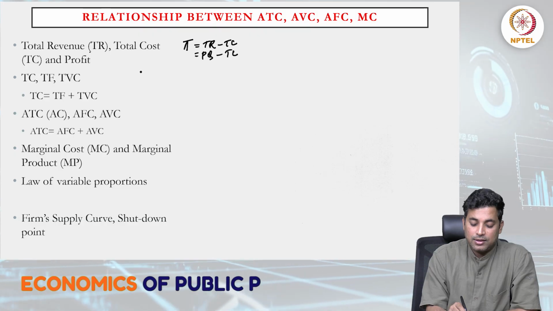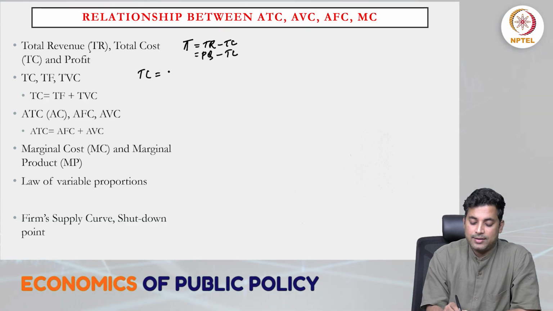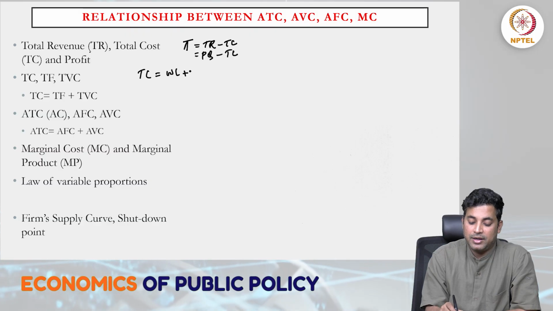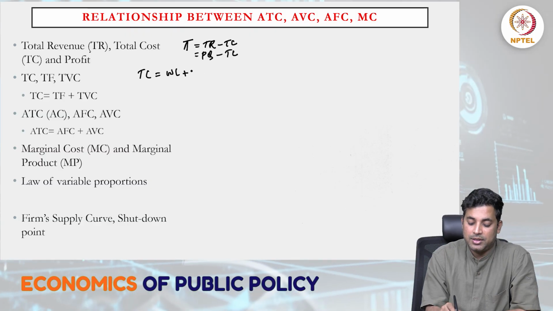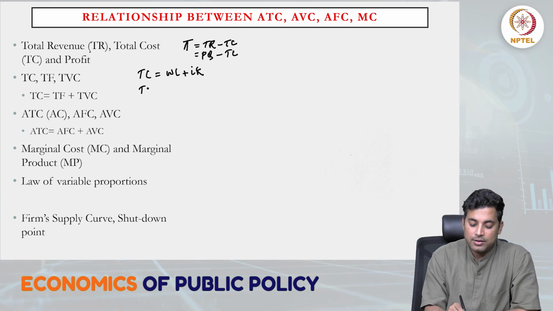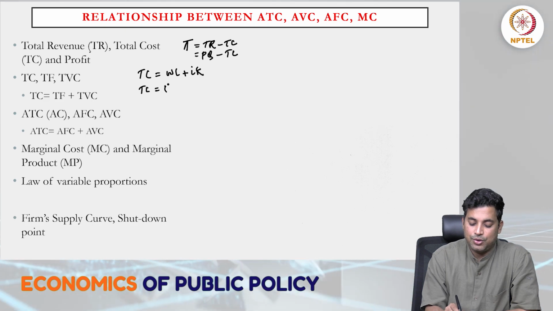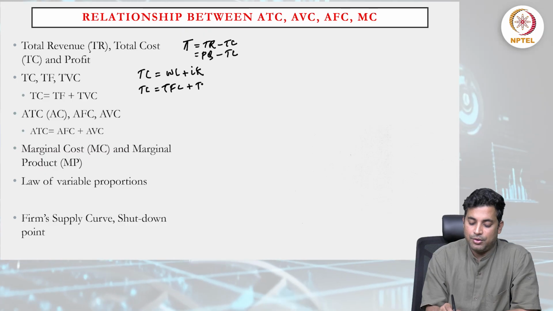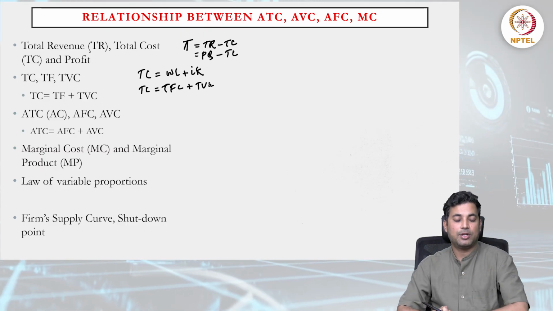So total cost, with the same logic with two variables, labor and capital, is divided into total fixed cost and total variable cost. So what is total fixed cost?